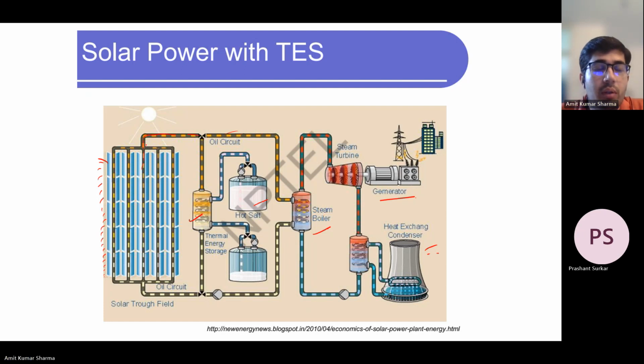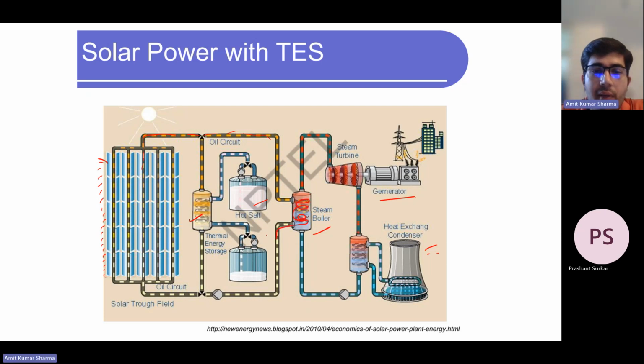In the daytime, we can use the solar energy and store that heat, and during the night we can use it. The liquid goes through this, and here it goes to the heat exchanger, where it flows through like this.